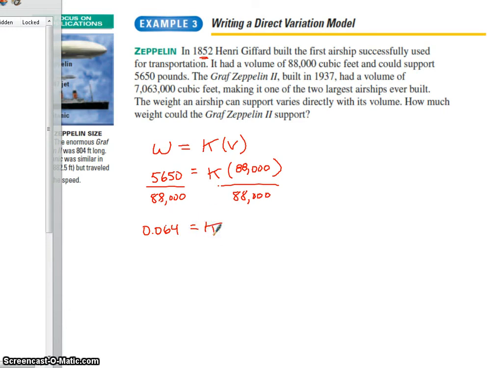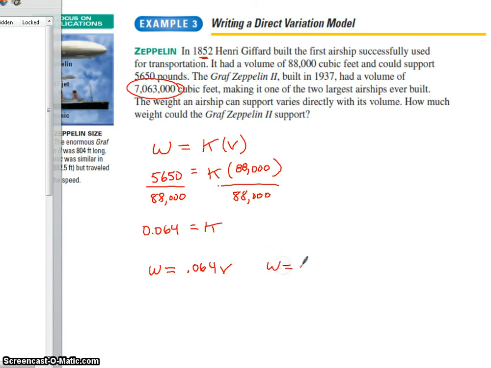Okay? Now that I have that, I can solve what the Graf Zeppelin weight could support. So we know that W equals, the constant of variation is 0.064 times the volume, right? So now all I need to know is the volume of the second ship, which was the largest in the world, the Graf Zeppelin II. The volume was right here, 7,063,000.